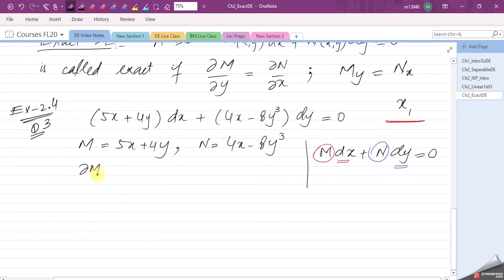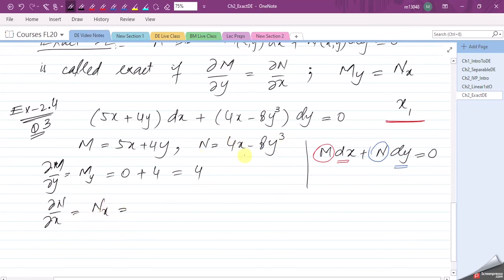So partial M, I'll use the short notation, maybe I'll use both for the first time. Partial M by partial y. What is the derivative of this thing with respect to y? X is constant. If x is constant, this whole thing is constant. So 0 plus 4. So M_y is 4. Partial N by partial x, that is N_x.